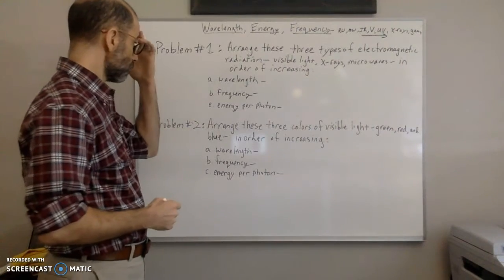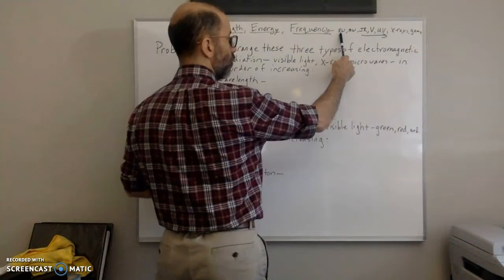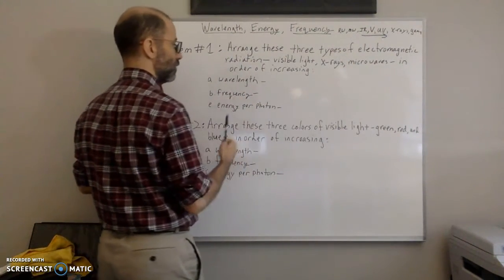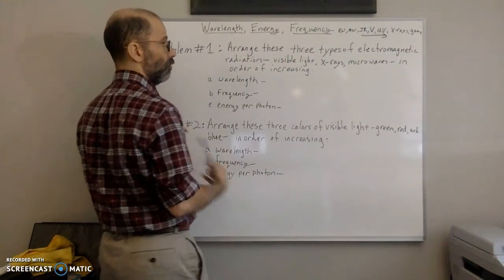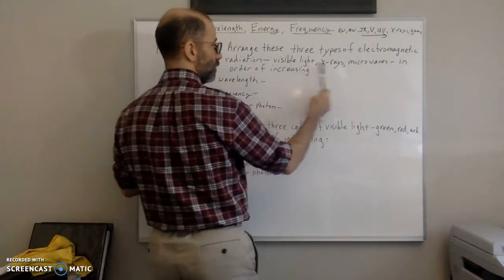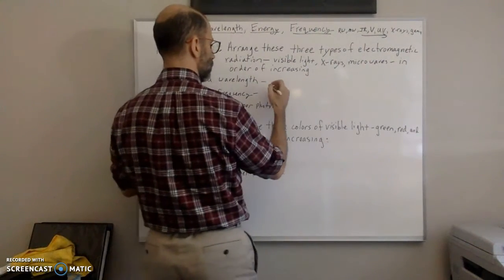So if I know the radio waves are the longest waves, and I want increasing wavelength, I want to go from short to long, which means I'm going to have to start with gamma. So out of the three I'm given, working this way, X-ray would come first.